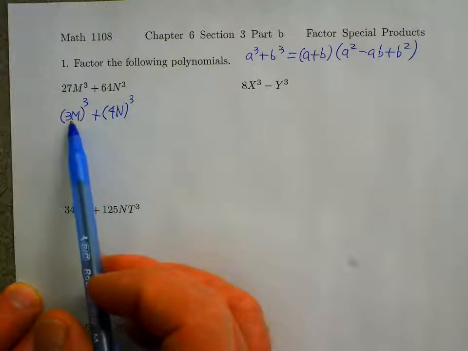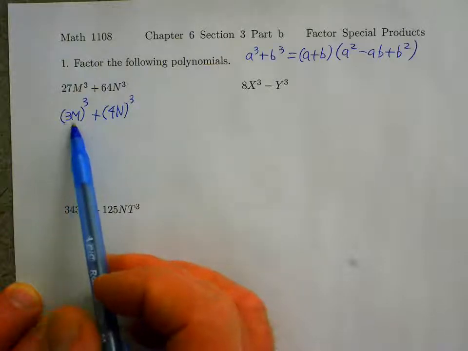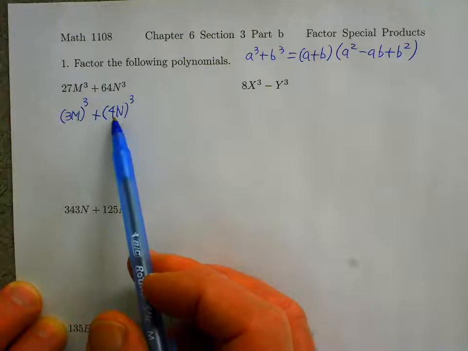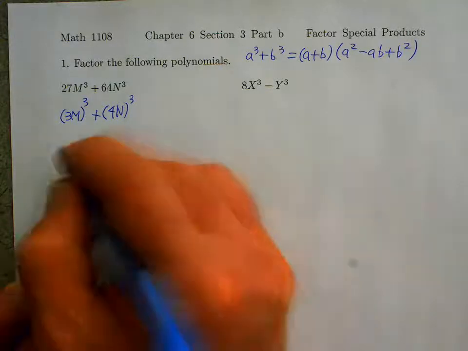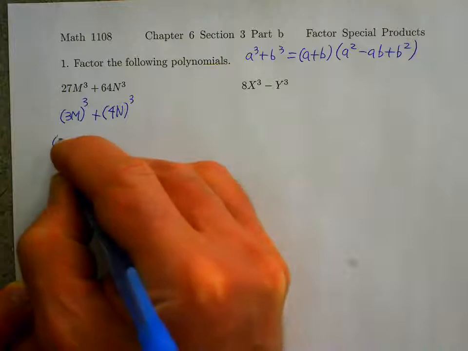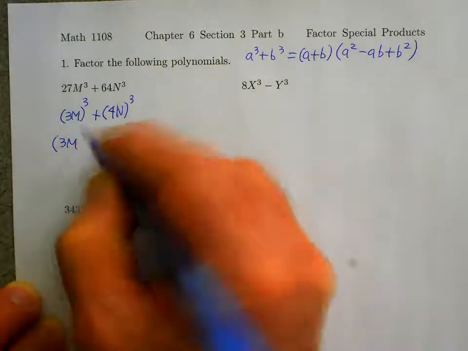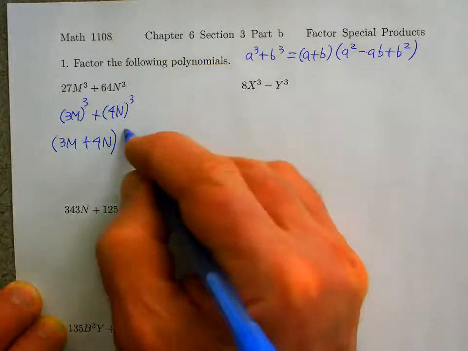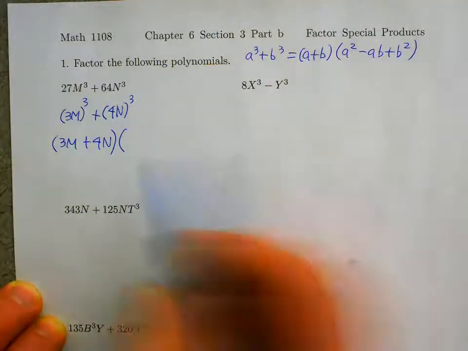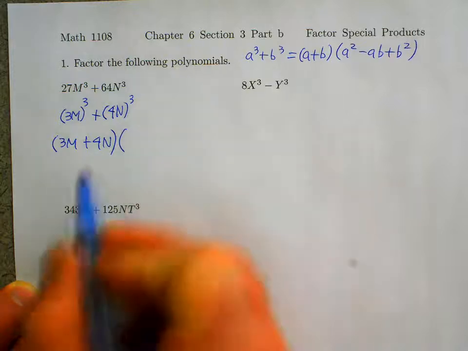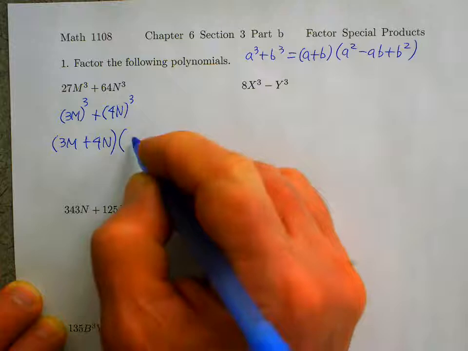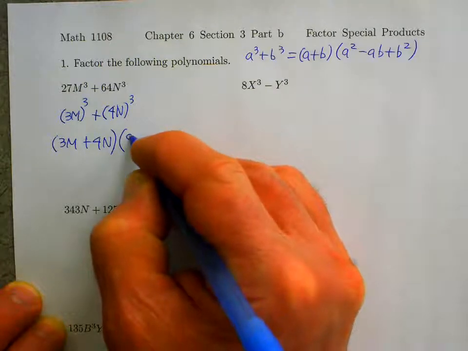Okay, so we have a sum of cubes. The term that takes the place of a is 3m, because we have the term 3m to the third. The term that takes the place of b is 4n. So a plus b for this one is 3m plus 4n. And then in the trinomial, a to the second, well, we're going to square the term 3m. So we get 9m to the second.